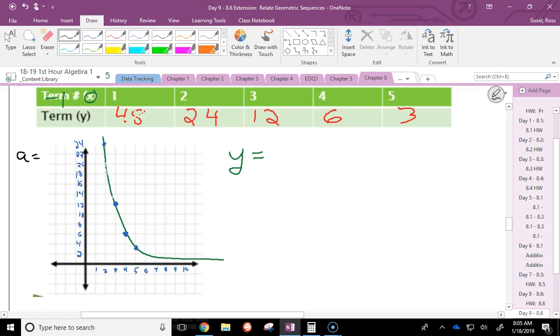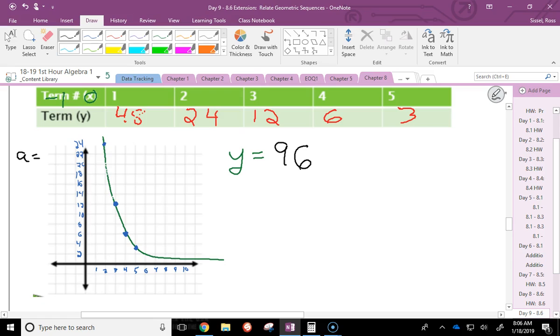A would be 96. Good. How'd you get 96? Because it's 48 times 2 and it would be getting bigger. Good. So we would have 96.